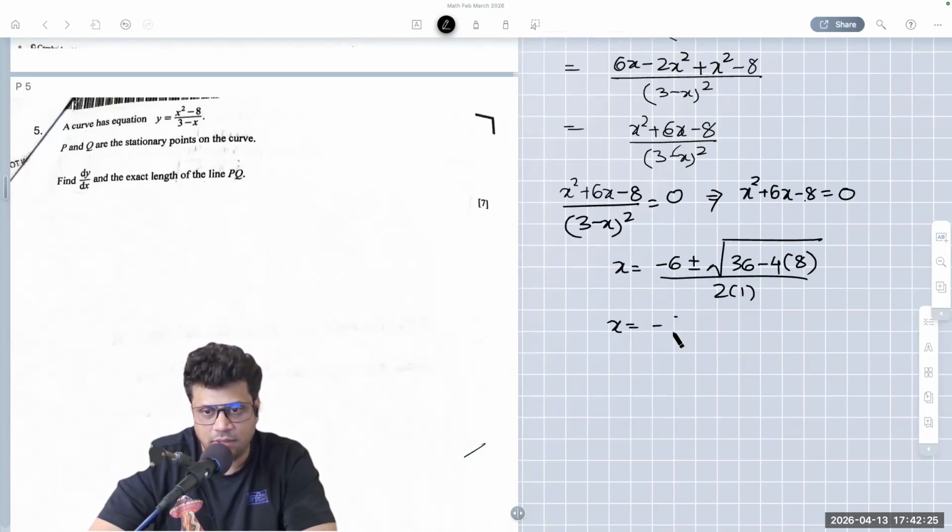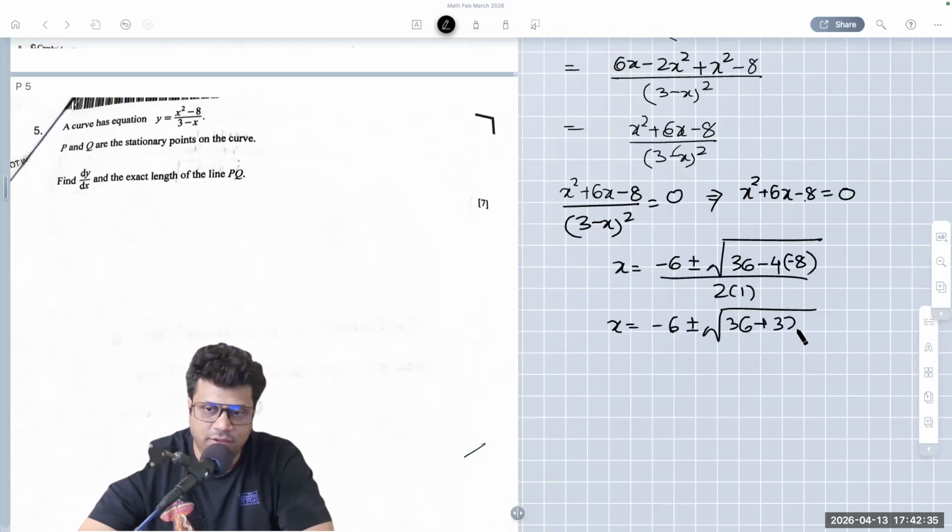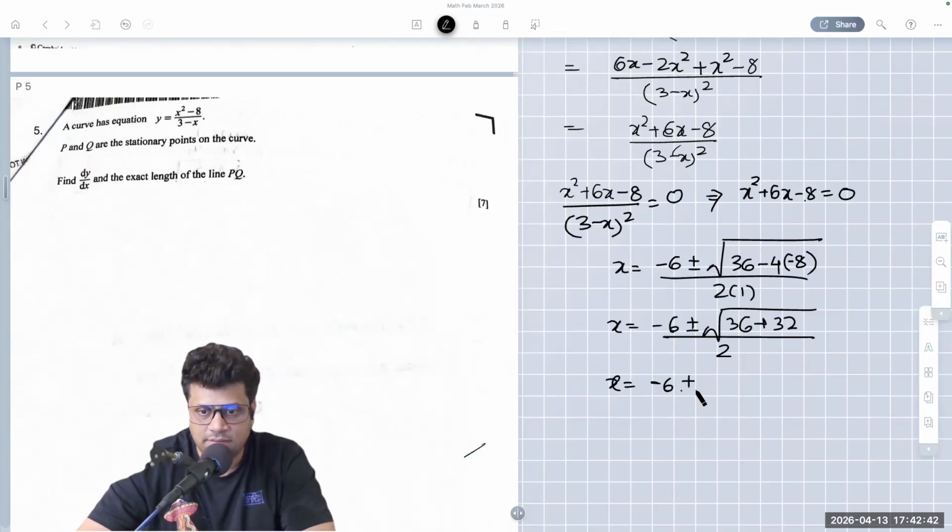So x comes out to be negative 6 plus minus root of 36 plus 32, divided by 2. So x is minus 6 plus minus root 68 divided by 2.